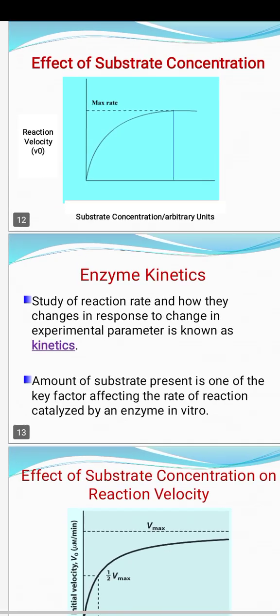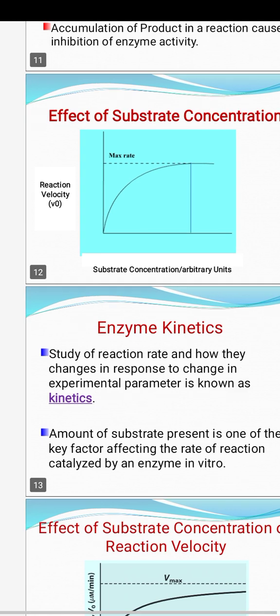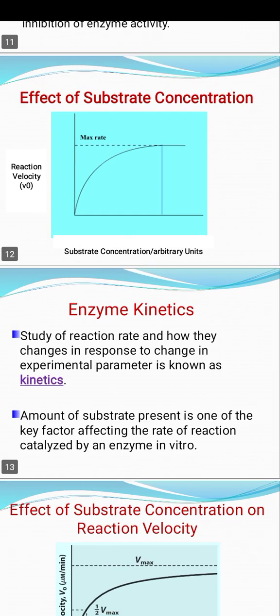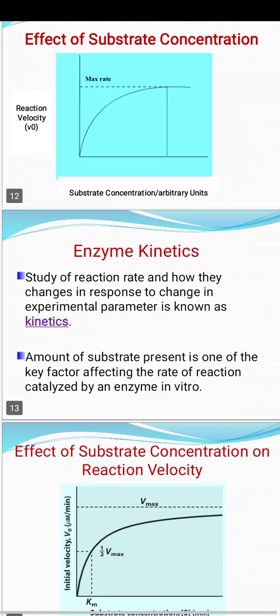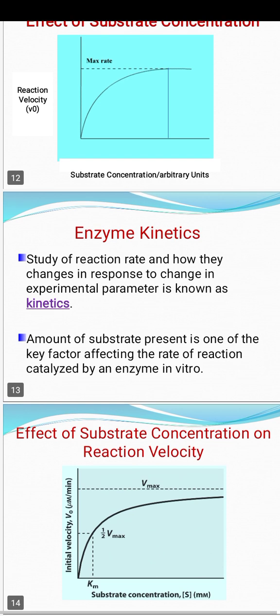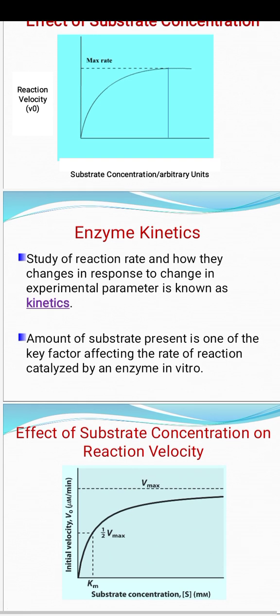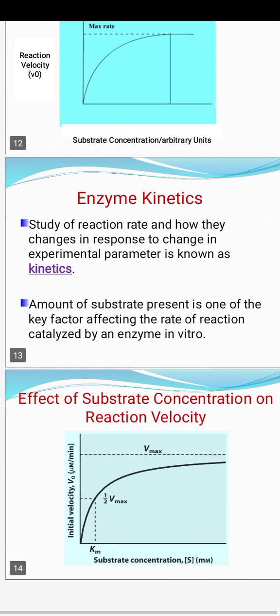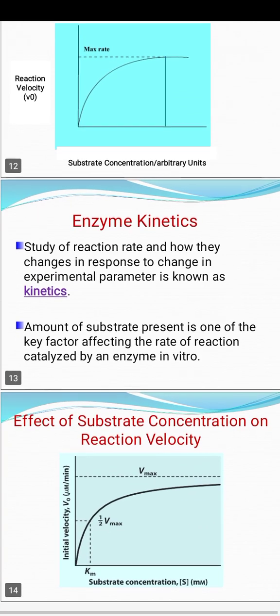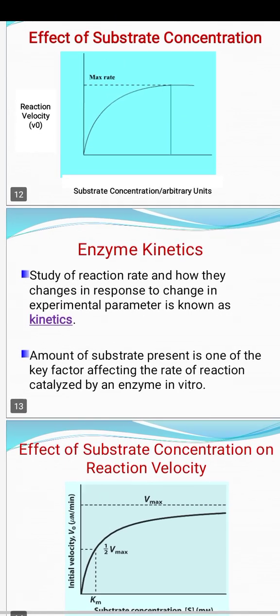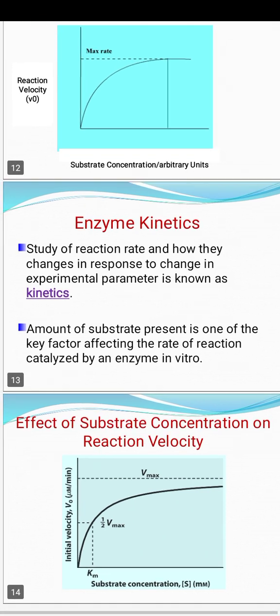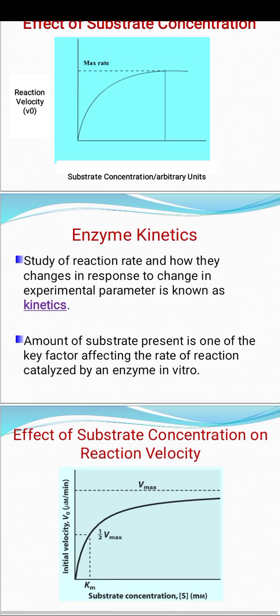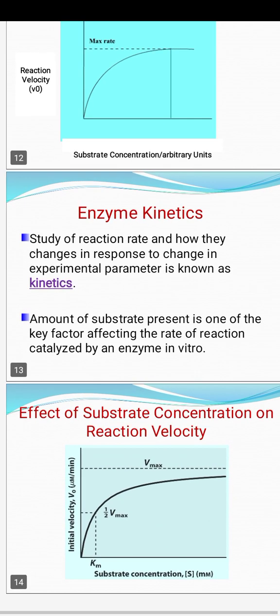Rate, speed, velocity are the same in a chemical reaction. The study of reaction rate and how it changes in response to change in the experimental parameter is known as kinetics. The amount of substrate present is one of the key factors affecting the rate of reaction catalyzed by an enzyme in vitro. Right?